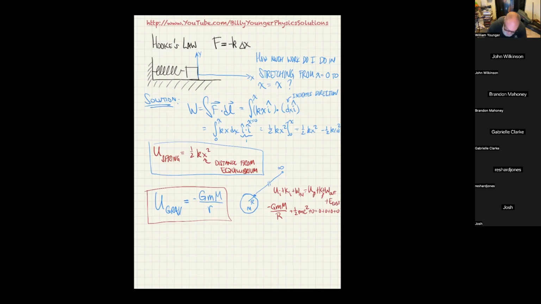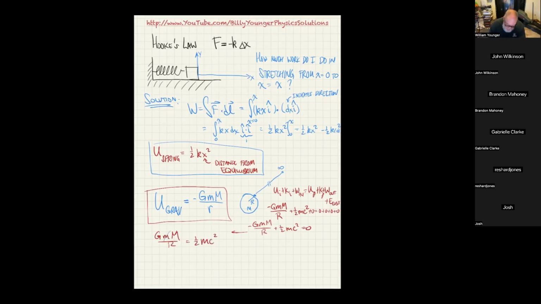So now what you can find out is that negative G M m over R plus 1/2 m c squared is equal to 0. If I choose to solve for R, this is going to make G M m over R equal to 1/2 m c squared, reminding everybody that c is the speed of light.